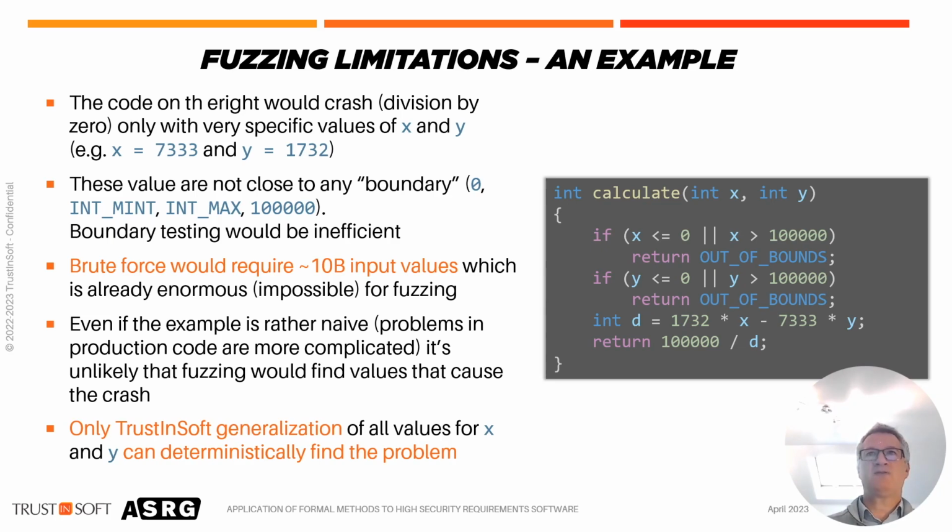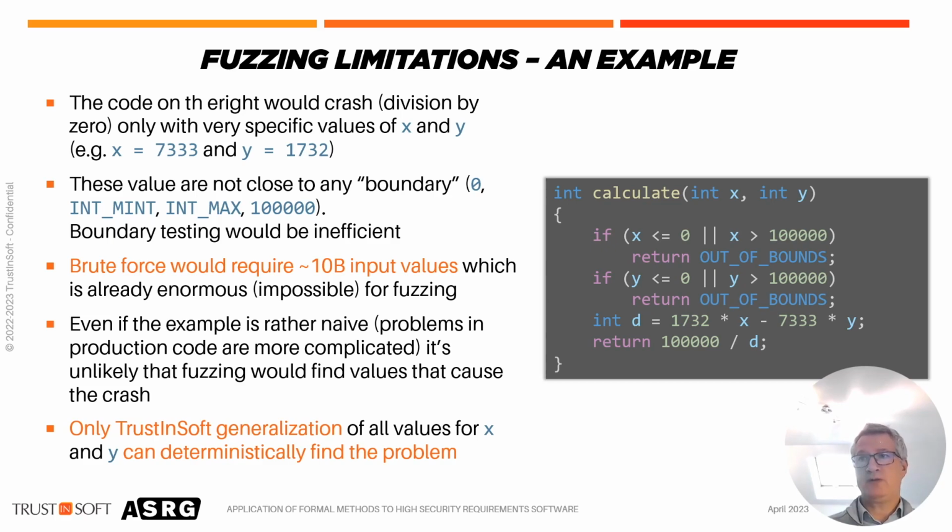So if you test this function with a fuzzer, you are very likely to never find those values that could cause a division by 0, because the value computed is used as a divisor. As you can see from the function, the inputs have to be between 0 and 100,000. You may provide a few seeds.